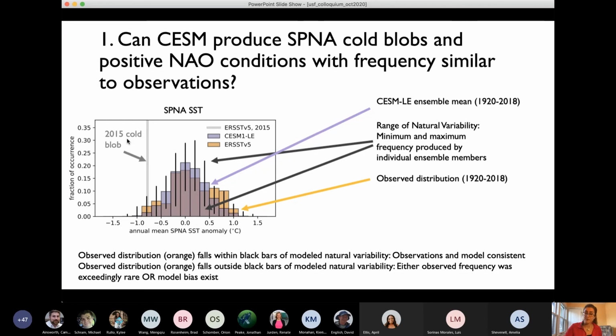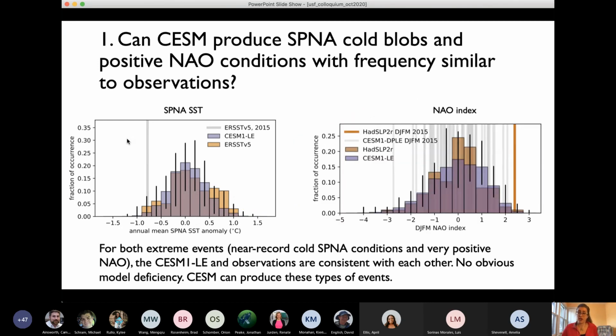And then if we do the same exercise for the NAO, this orange line up here is the observed NAO from 2015 in the winter. You can see that it's a very, very rare event, but we can use this huge set, the CESM Large Ensemble, 40 ensemble members times 98 years. So we have quite a good sample, and we can see that the observed event in orange falls within our natural variability spread again.